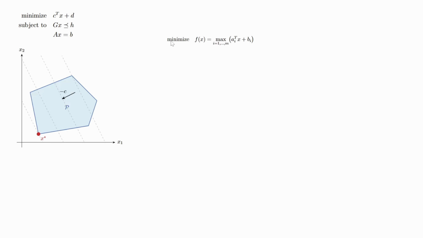So the trick, which is not really a trick, is you introduce a new auxiliary variable t, and then you write it in the epigraph form as follows. So now this is just a linear programming problem with the objective function being very simple. It's just the variable t, and you're subject to these m constraints here.